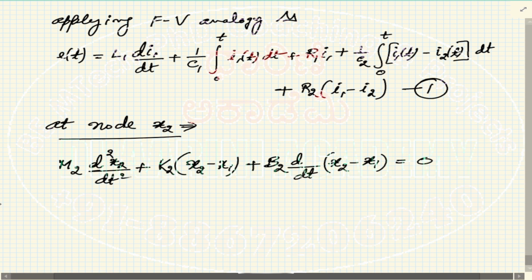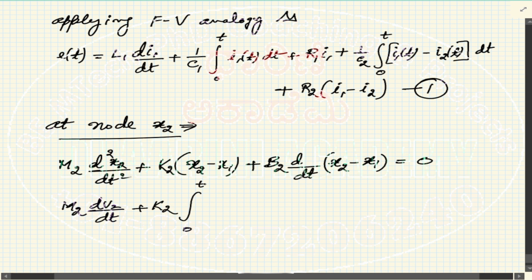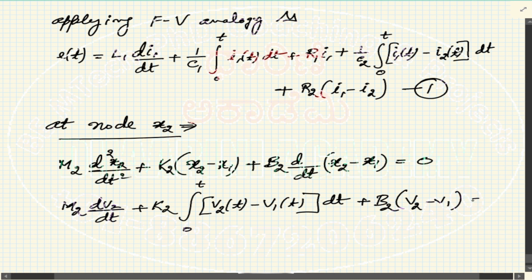Now let us write the equivalent. Bring the velocities in place of x2. So this becomes m2 dv2 by dt plus k2 integration 0 to t of v2 of t minus v1 of t dt, plus b2 into v2 minus v1 equals 0.